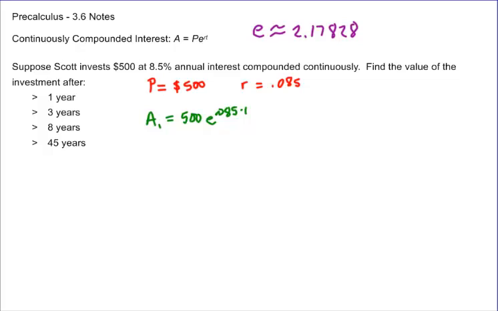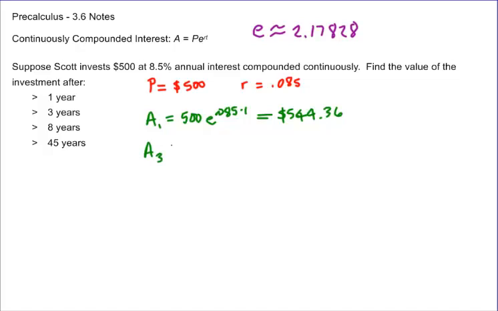And so you would just punch that into your calculator, and when you do that, you get $544.36. Okay, not a hard thing to do.